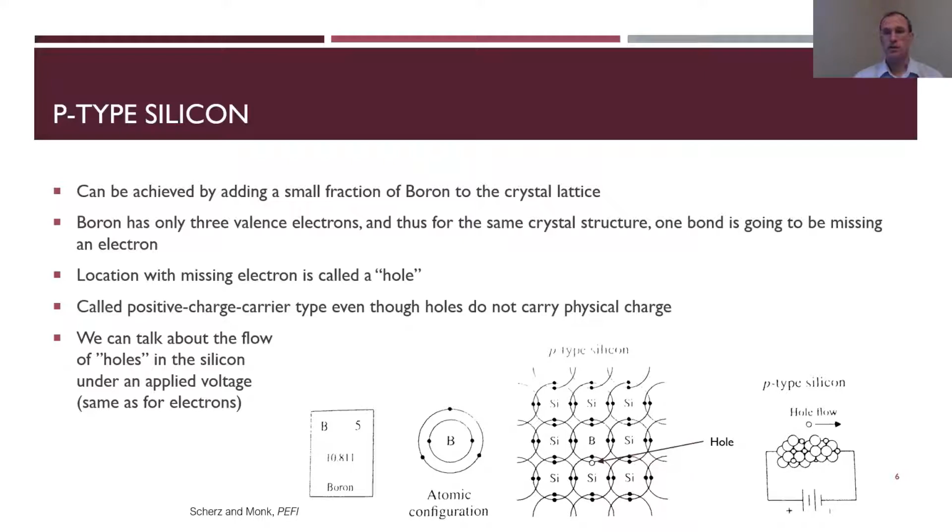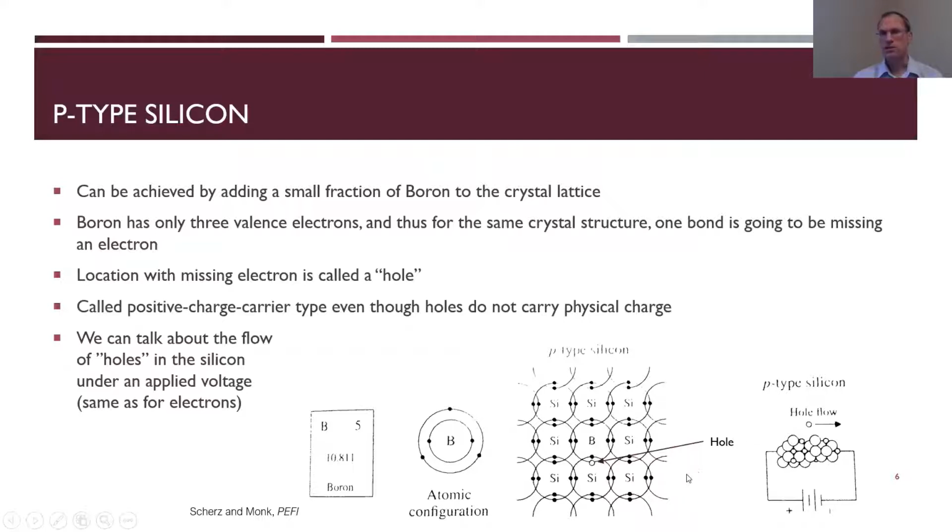Same kind of thing happens here. We're going to talk about these holes actually flowing in some direction, but what's really happening is the electrons are going in the opposite direction. So some electrons can jump from other atoms in this lattice and jump in to fill that hole. But when they jump in to fill that hole, they leave a hole somewhere else. So even though that hole is just being filled by an electron, we see this hole show up over on the other side.